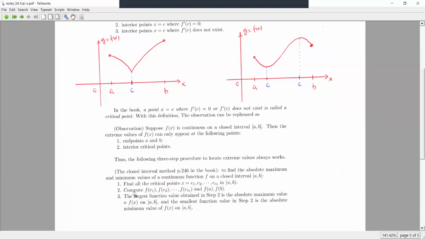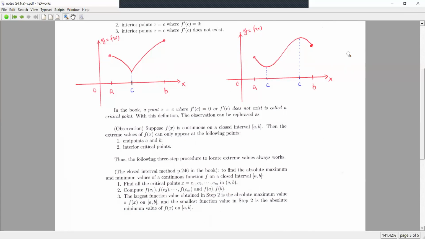Then second, compute function values at the critical points. Here, compute the function value at this point, and at this point. And also compute the function values at the 2 endpoints: compute the function value at A, and compute the function value at B. Now compare these function values.